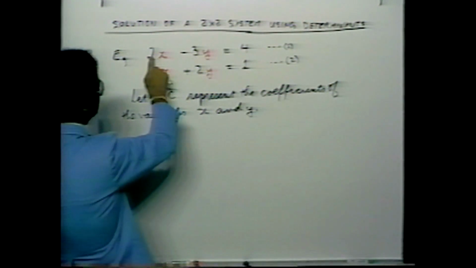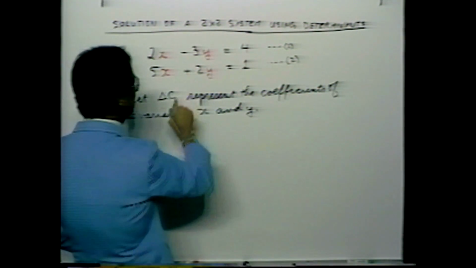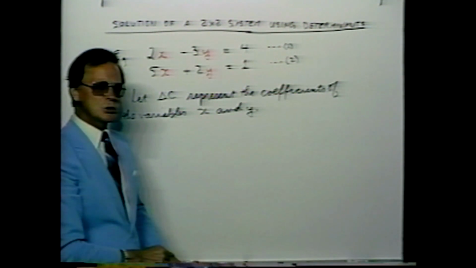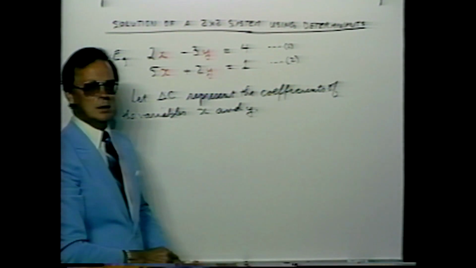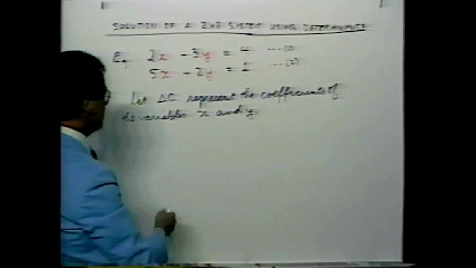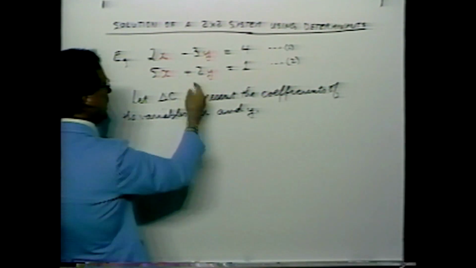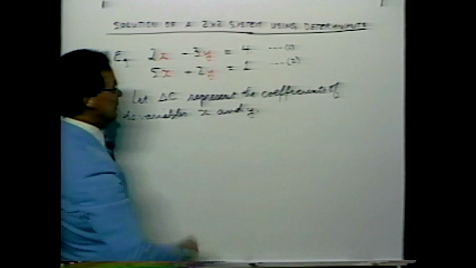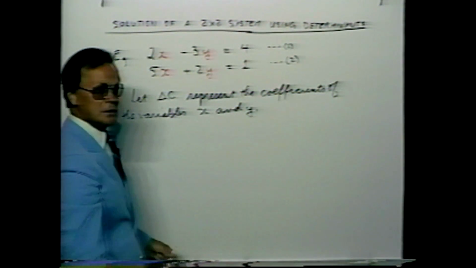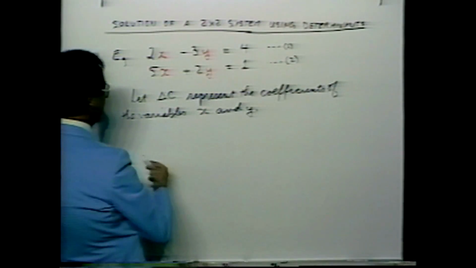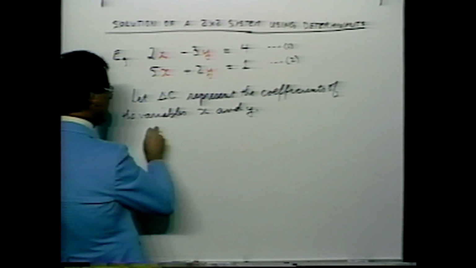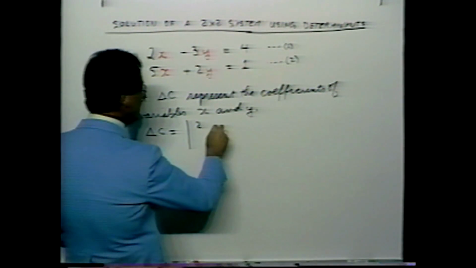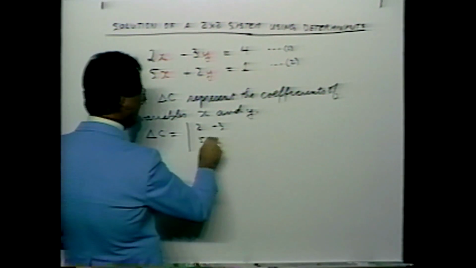You see the numbers 2, minus 3, 5, and plus 2 form a 4-number square arrangement of numbers. Let's pick them out, ignoring the x's and y's. That's why I wrote them in different color, to concentrate only on the numbers in black. So delta C will therefore be equal to 2 minus 3, 5, 2.